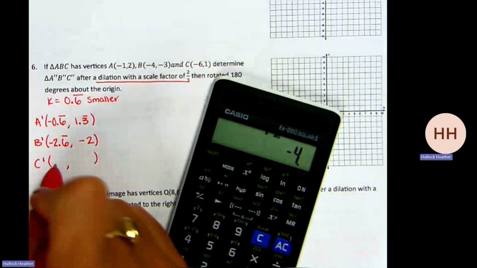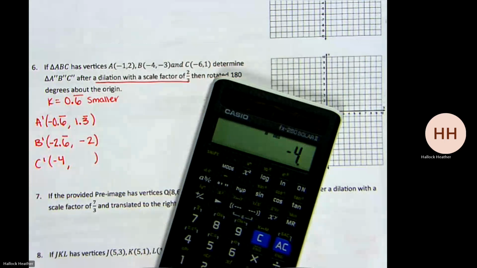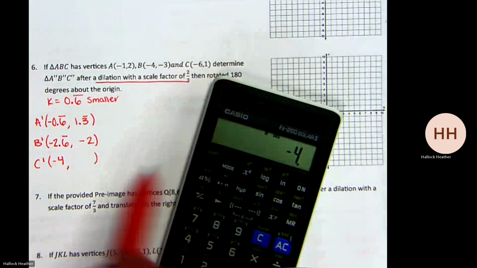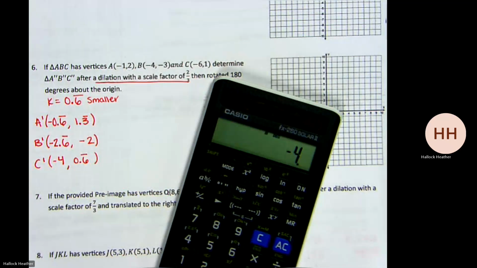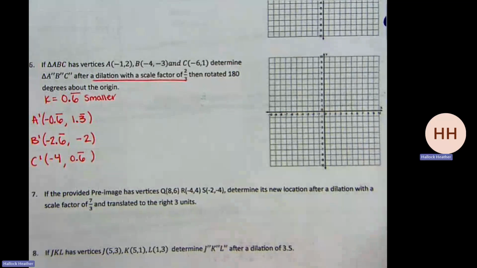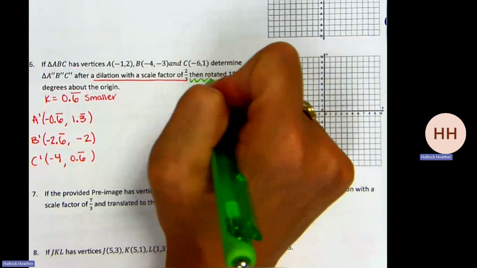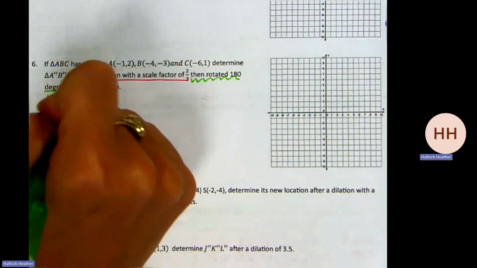So you should get -4. Should end up perfectly -4. And then 0.6 repeating. Perfect.